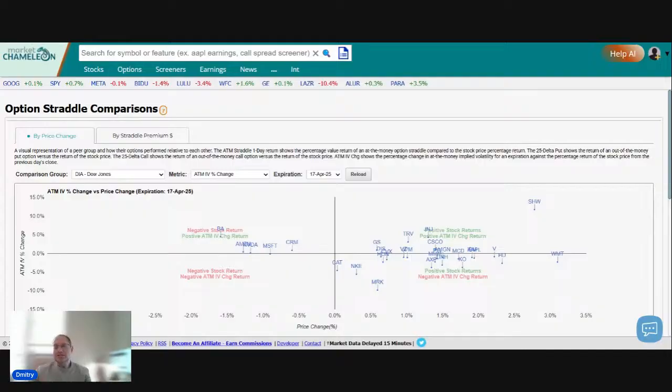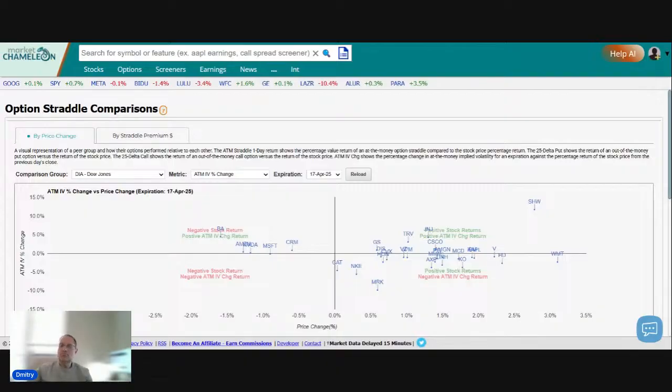Here we're seeing a decent amount of stocks that were up from the previous day, but the implied volatility was also up, indicating that traders, even though the stock was up, still see increased risk or volatility going forward.